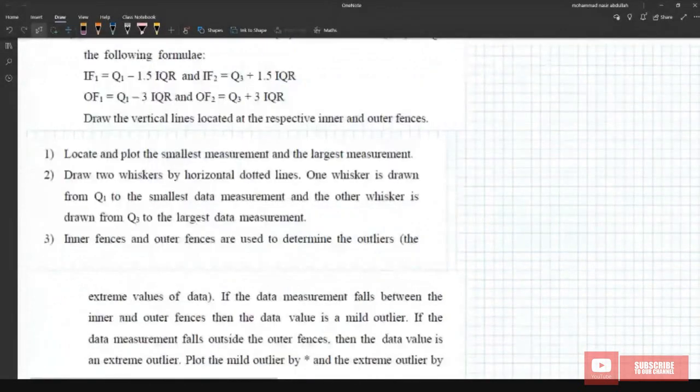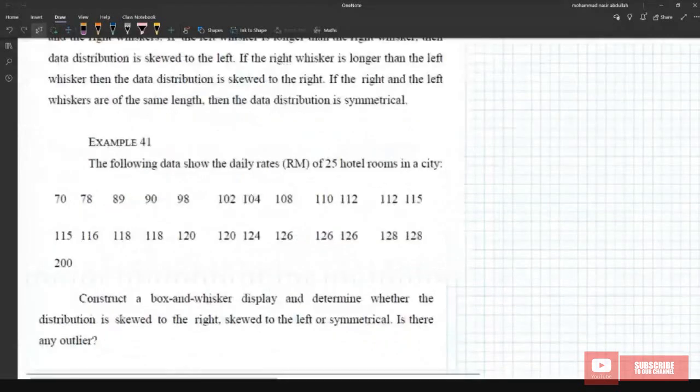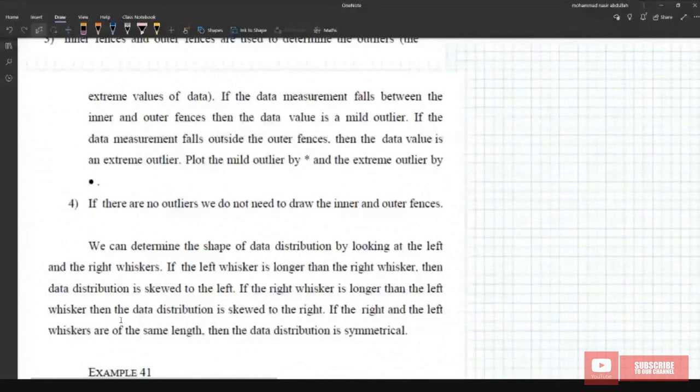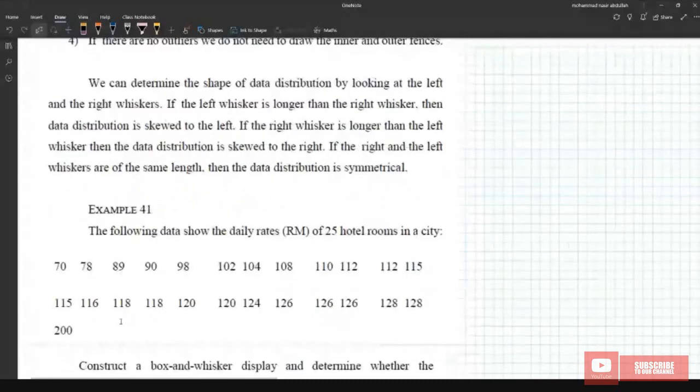So the next topic is the box plot, the box and whisker display, right?